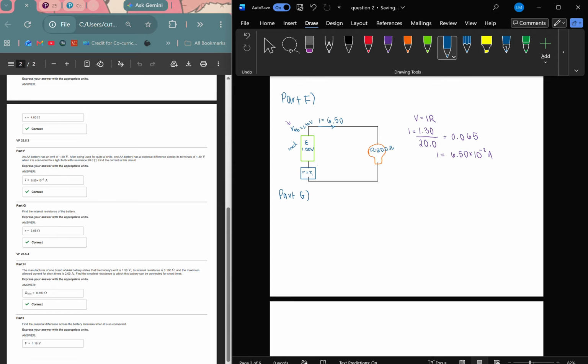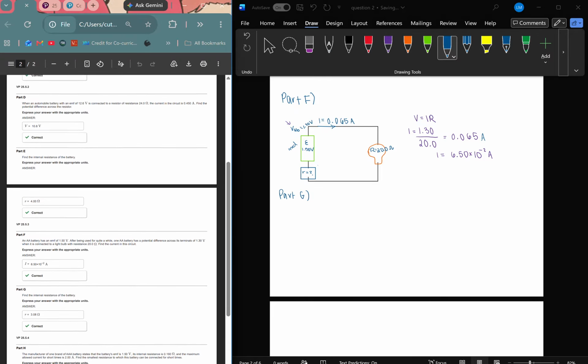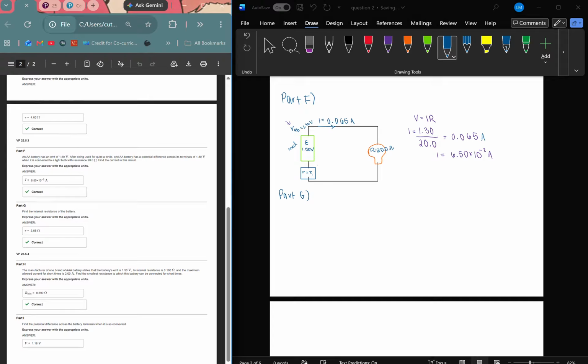But I'm going to put it as the decimal, I find it easier for me. 0.065 A. So this is amperes and this is also amperes. I just converted to scientific notation to match the answer that I had to put in the question.